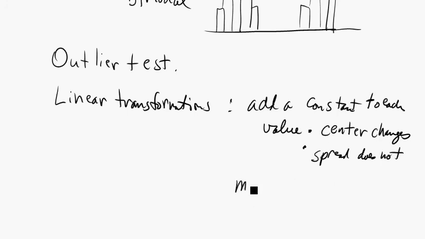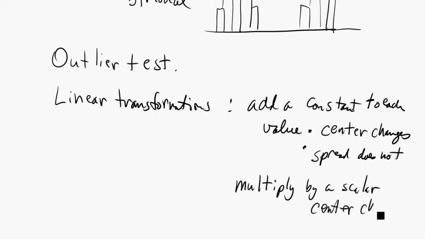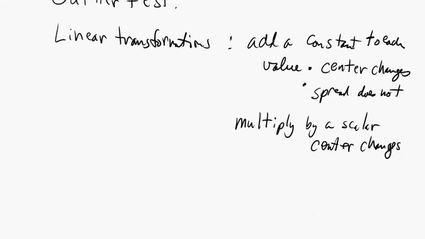If I multiply by a scalar, then the centers change, and the spread does change. You have a pretty direct question on that.